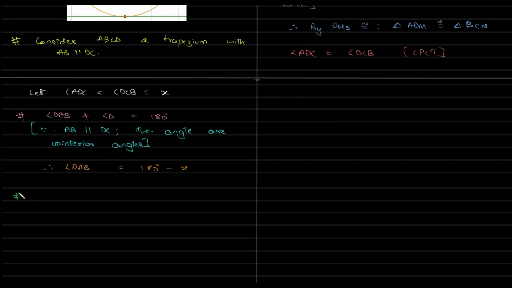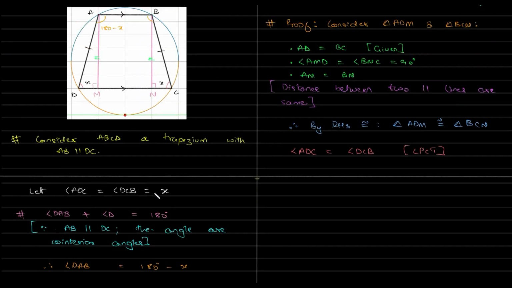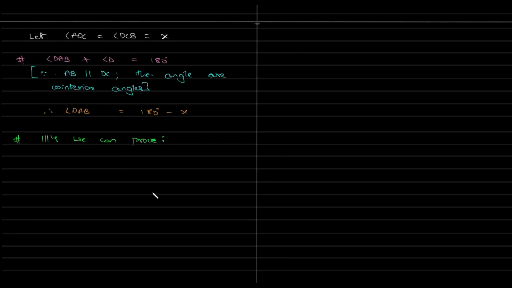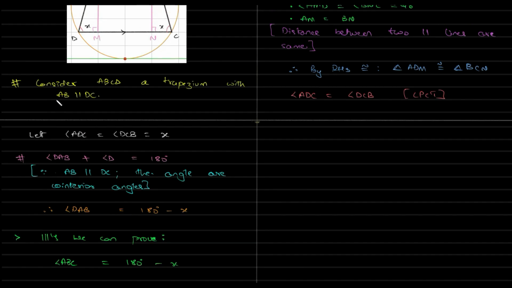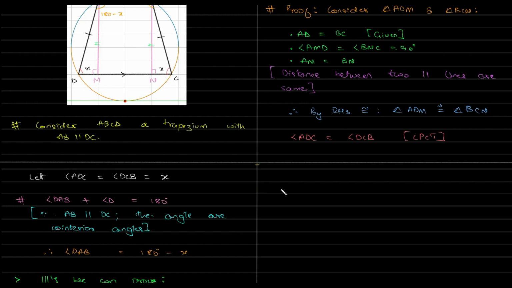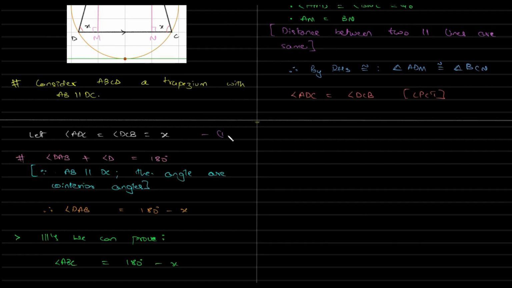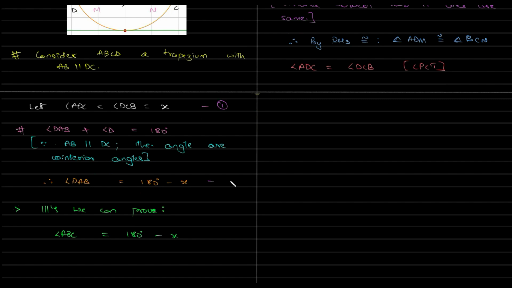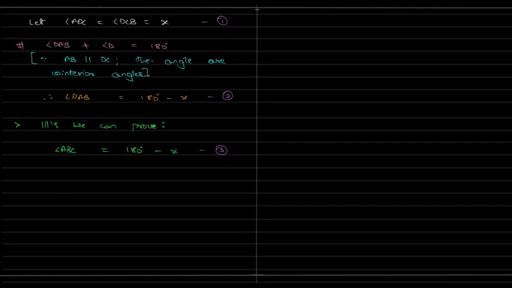Similarly, we can prove angle ABC is equal to 180 degrees minus x. Okay, so with all of this information, what can we tell? Let's conclude. We have 1, and from 2 and 3, this is what I would like to conclude.